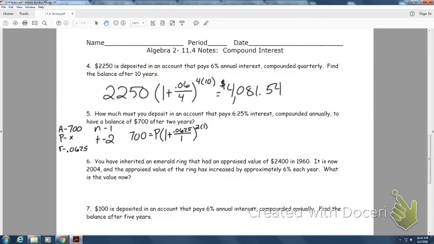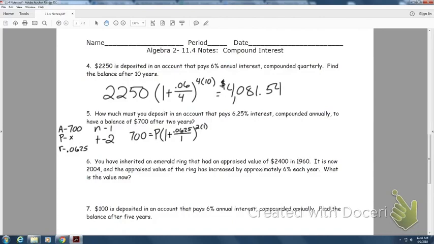You put 700 over all of it. Okay. So don't, it looks a lot more complicated than it is. This is P times something, so I can just divide by all of this, and that will tell me what it equals.